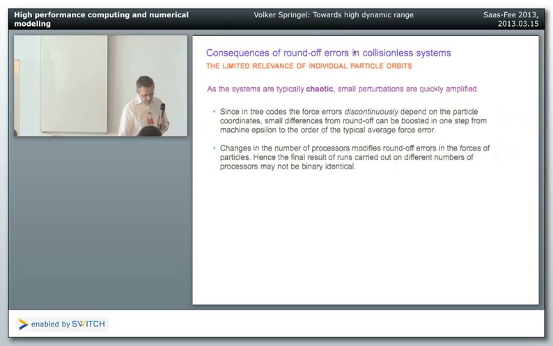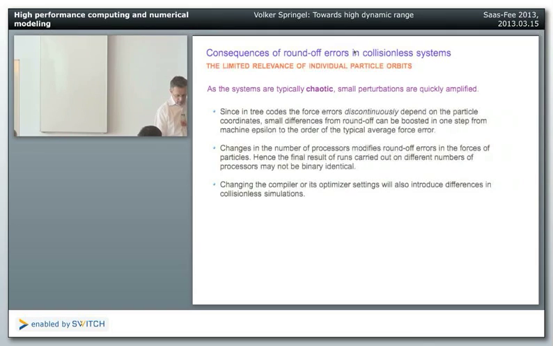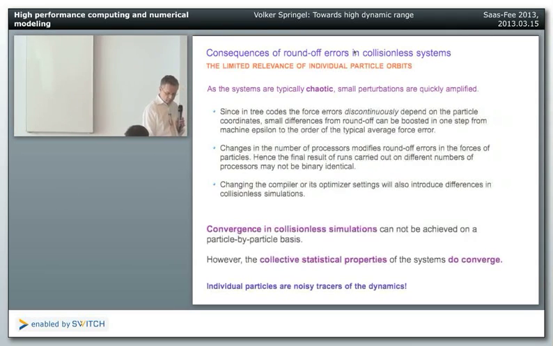And basically, already changes in the number of processes is enough to trigger this. And even changing the compiler settings can be enough to trigger this, because with very aggressive compiler optimizations, you are allowing the compiler also sometimes to change the order of arithmetic operations. Mathematically still valid, but you can then get different round-offs.